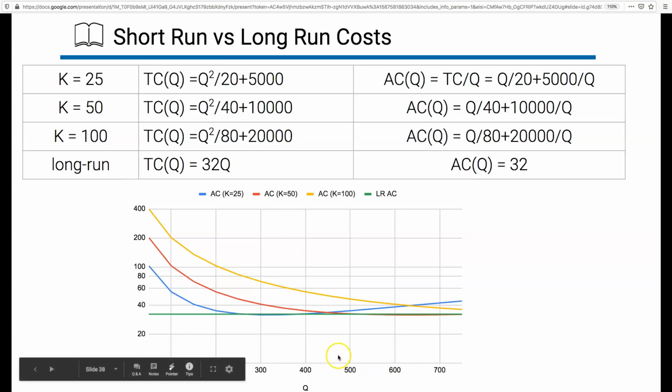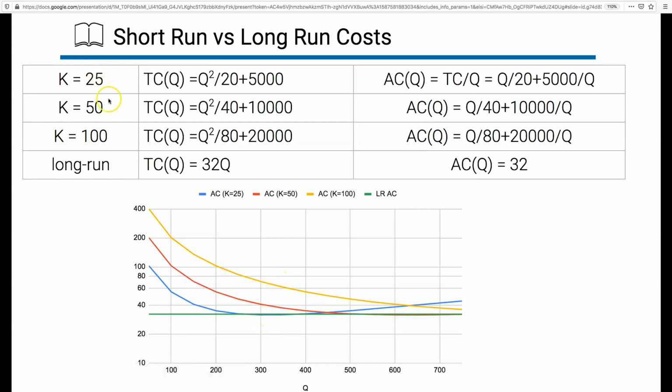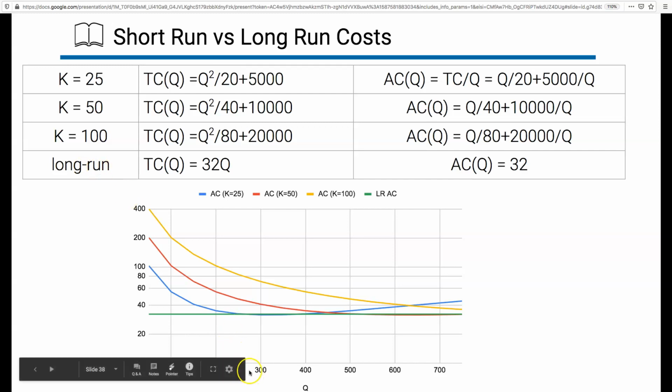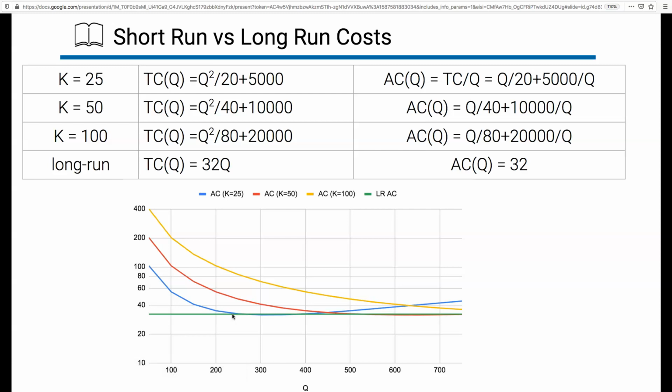Well, then by definition, the long run costs will be the lowest cost possible of all possible short run combinations. So think about all possible levels of capital, not just these three, but all of them, from 0 to infinity. In the long run, to produce 240 units, we'll pick a combination that will give us the lowest cost.